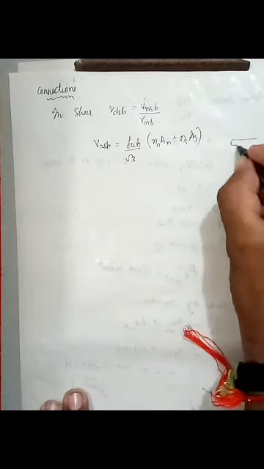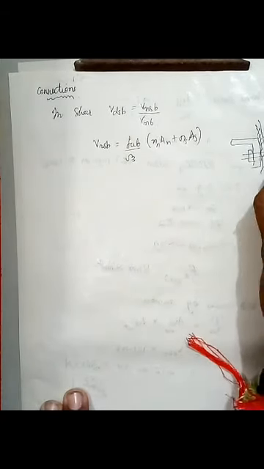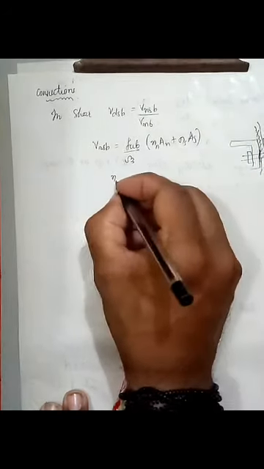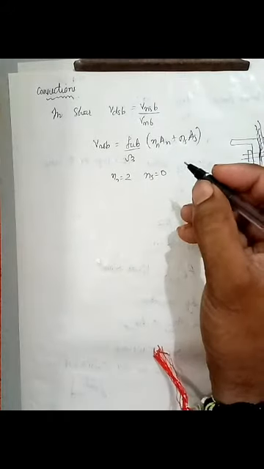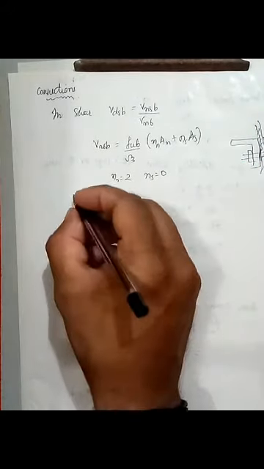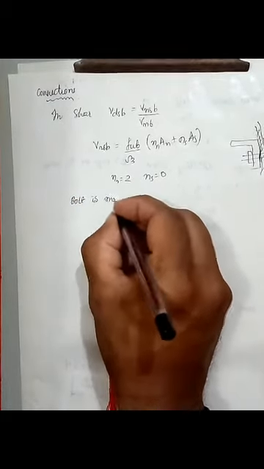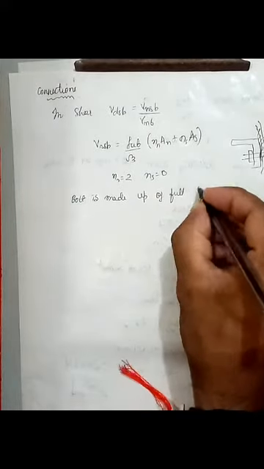So now your top chords are like this. In the middle there is a gusset plate. So if I want to put a bolt, two shearing planes will come into picture. So I take directly Nn equals 2, Ns equals 0. You can write down the bolt is made up of full thread.